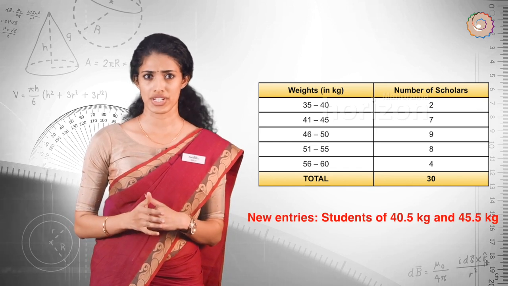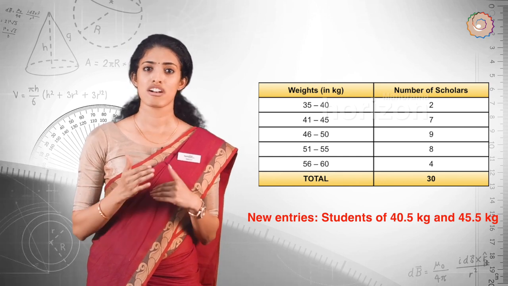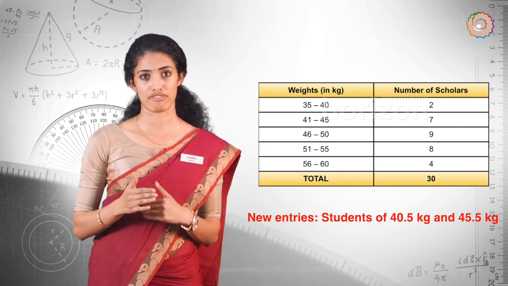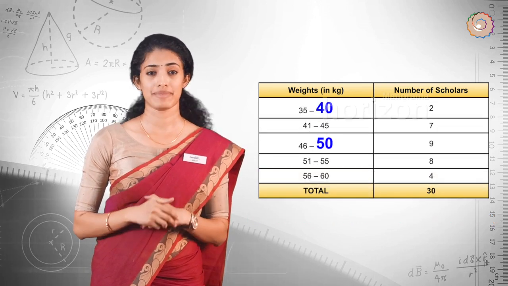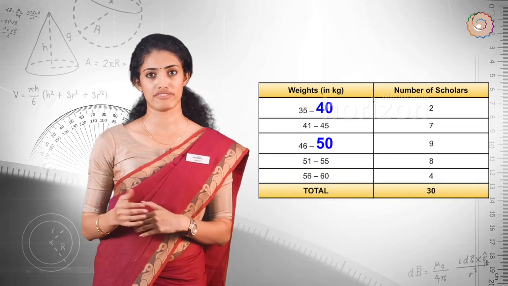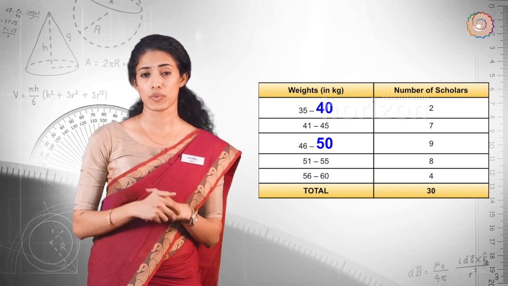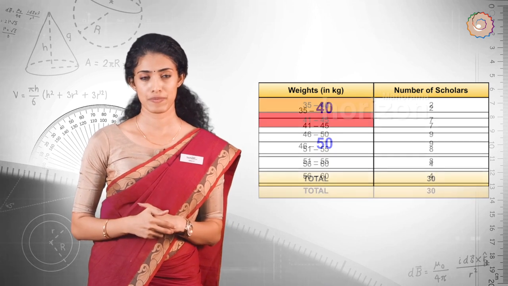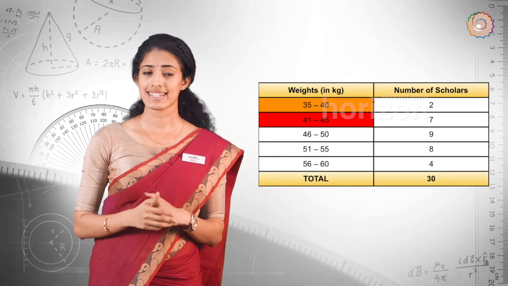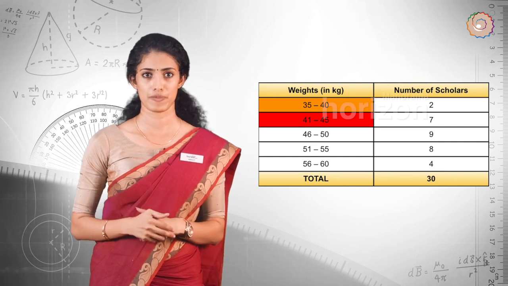Think of a situation where you want to admit two new students to the class with weights 40.5 kilograms and 45.5 kilograms. We cannot add them in the classes ending with 40 and 50. This is because there exists a gap between the upper limit and lower limit of two consecutive classes. Therefore, now we consider the classes 35 to 40 and 41 to 45.